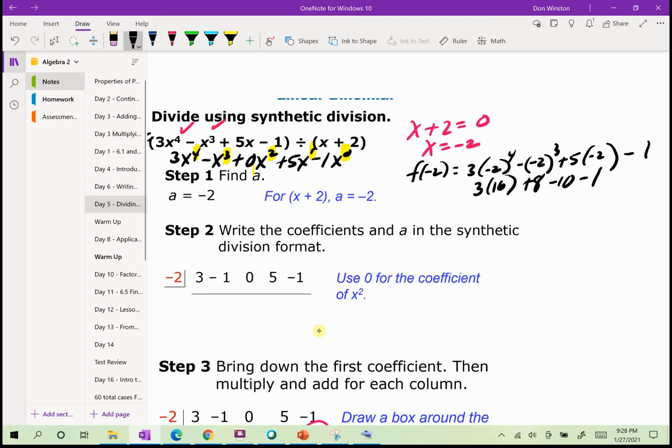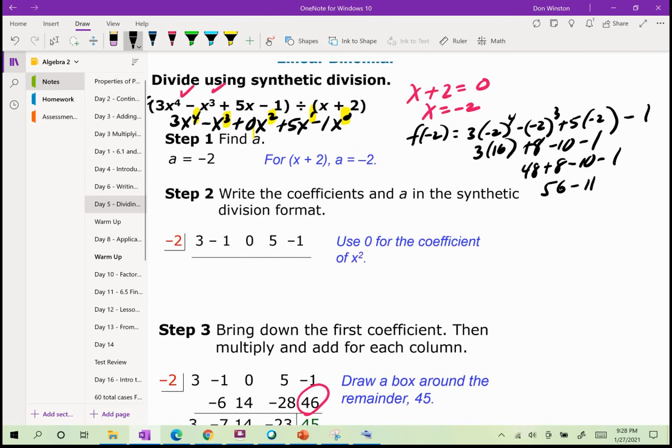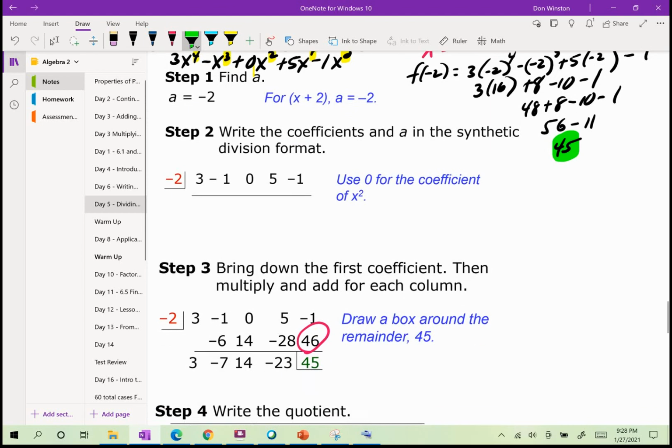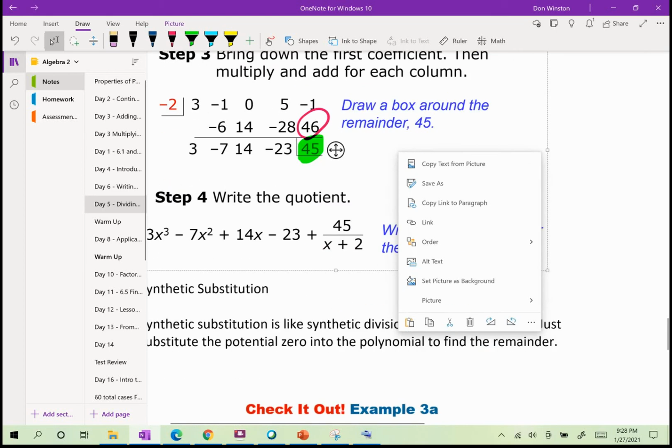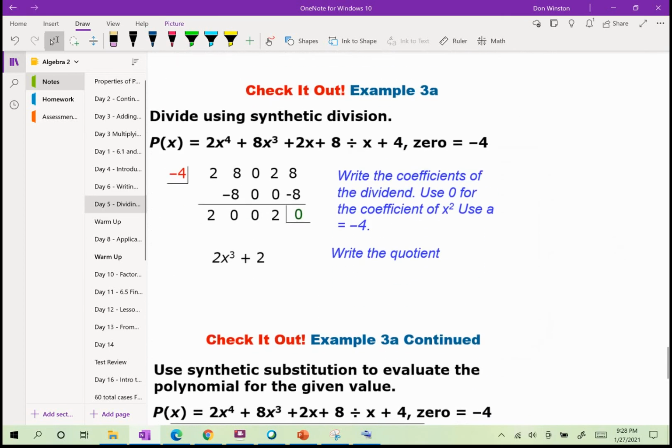So I have 48 plus 8 minus 10 minus 1, so 56 minus 11, and that gives me 45. Same remainder. Okay, so that's synthetic substitution.